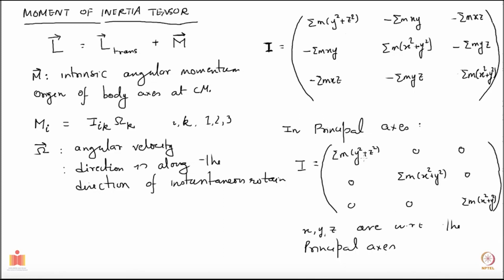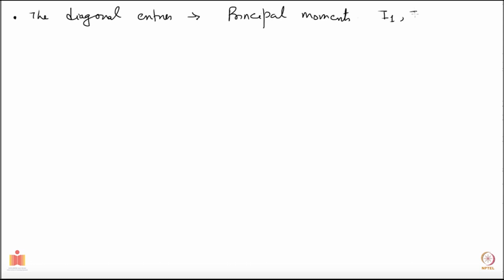These entries on the diagonal are called principal moments of inertia. Okay, these are called principal moments. Let me write down the diagonal entries. They are called principal moments, and generally they are labeled as I1, I2, I3.